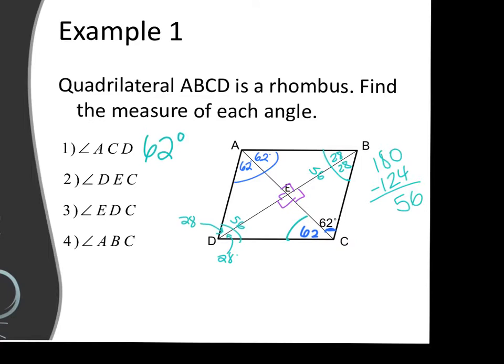Angle DEC, which is here, is 90 degrees. EDC, which is here, is 28 degrees. And ABC is this whole angle, which is 56 degrees.